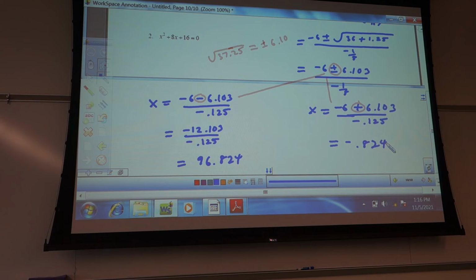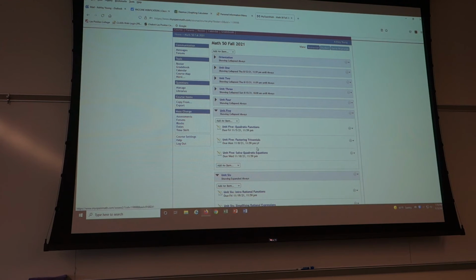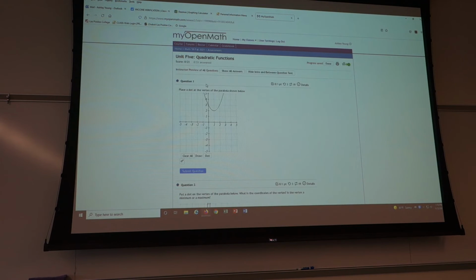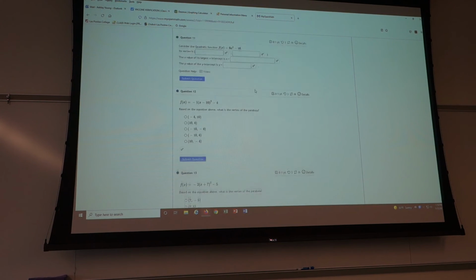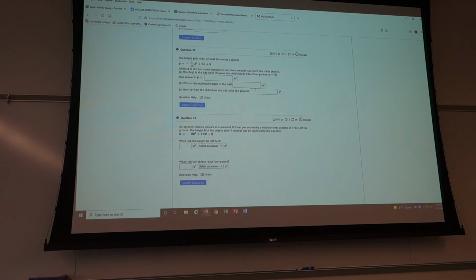Okay. So this is Unit 5, quadratic functions preview. So you're looking at 20 and 21. So yeah, it's these two.